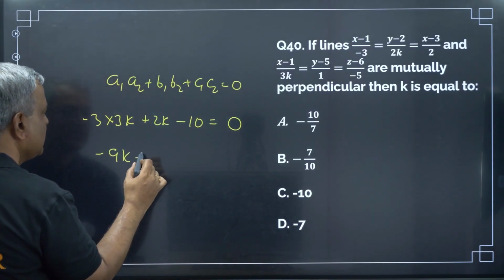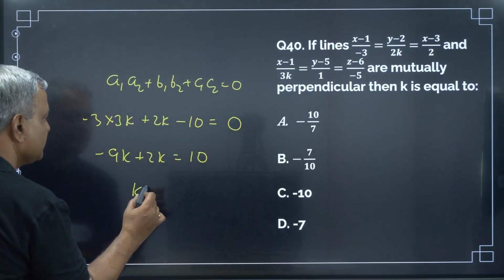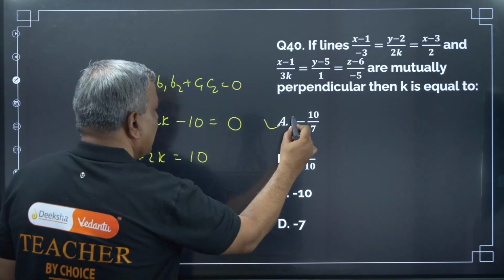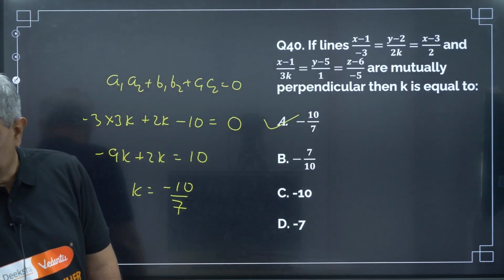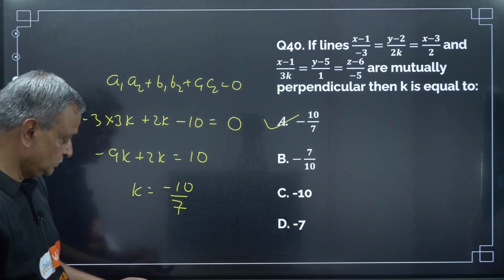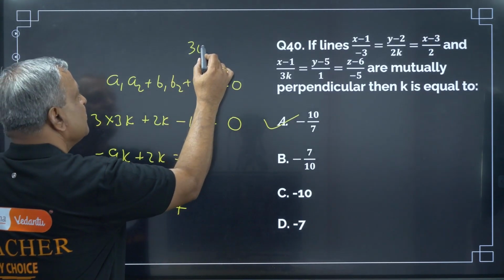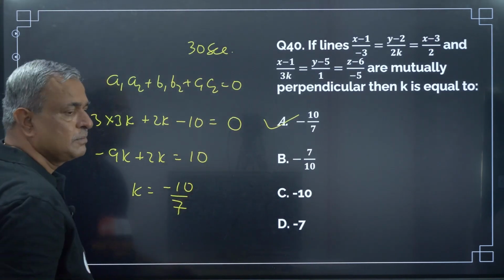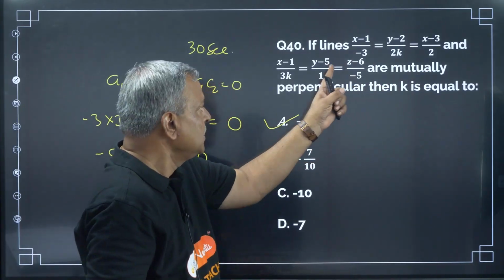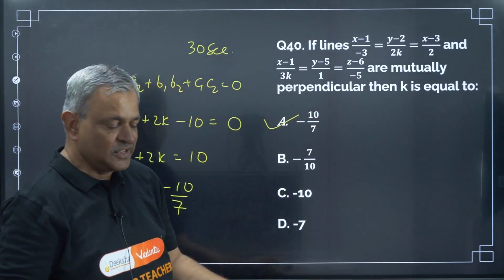Minus 9k plus 2k is equal to 10, or k is equal to minus 10 by 7, option A. 40, option A. It will take hardly 30 seconds, not beyond that. Because A1 A2 plus B1 B2, what are A1, A2? A1, B1, C1, A2, B2, C2 are the direction ratios of both the lines.